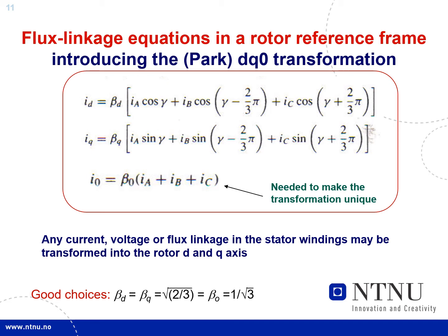Now it can be written as a 3 by 3 matrix when we also add the zero sequence of the currents or voltages, being the sum of the 3. There are these beta factors. There are some that are arbitrary, but there are some choices that are better than the others to make the transform symmetrical in a way.